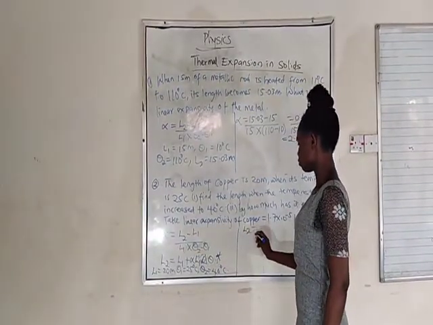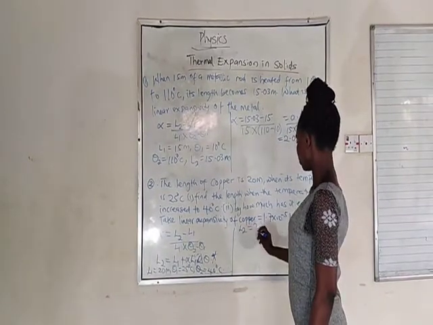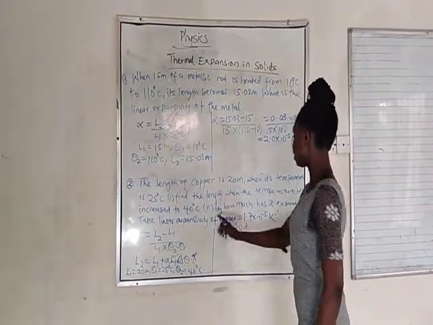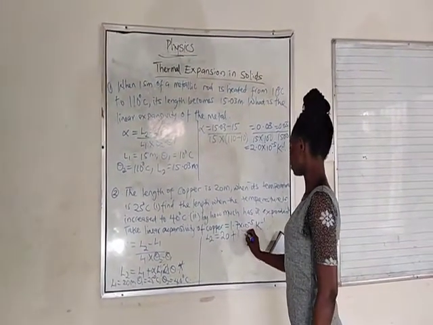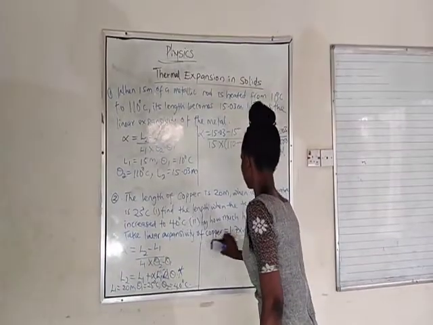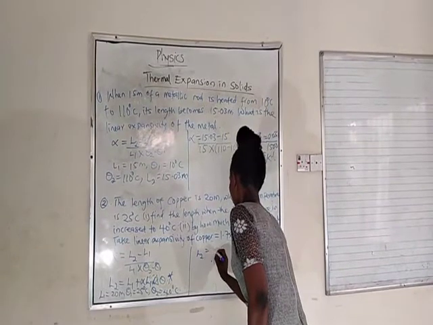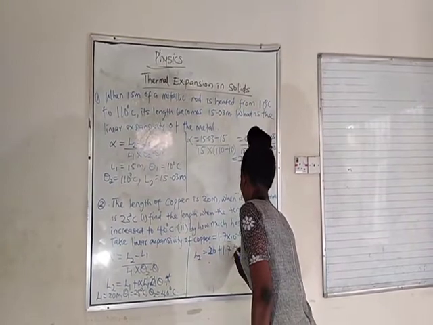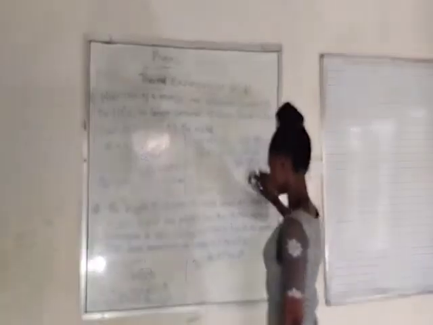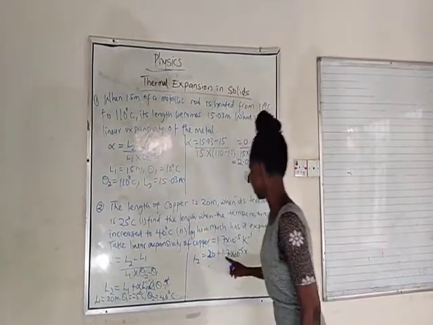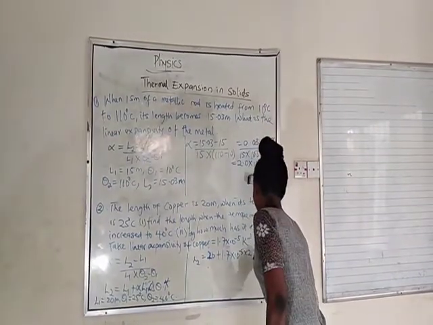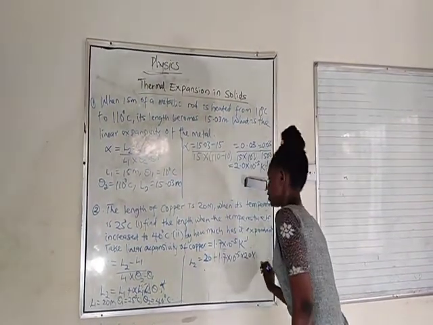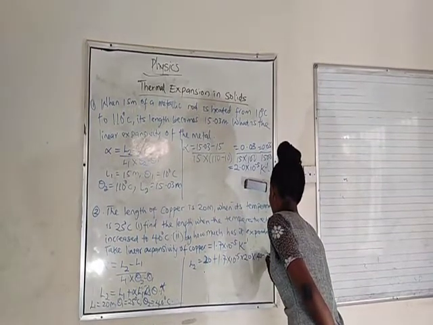Our L2 is going to give us L1, which is 20, plus our linear expansivity, which was given to us to be 1.7 times 10 raised to the power minus 5, times your L1, which is still 20, times theta 2, which is 40 minus 25.